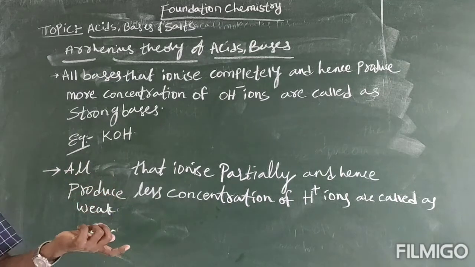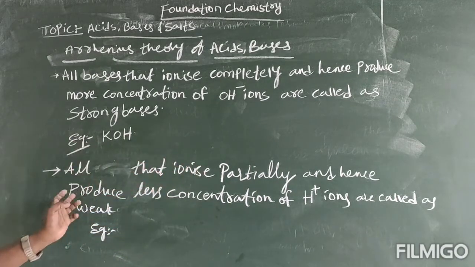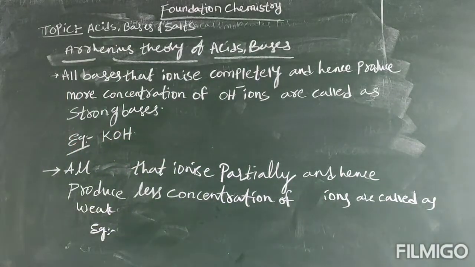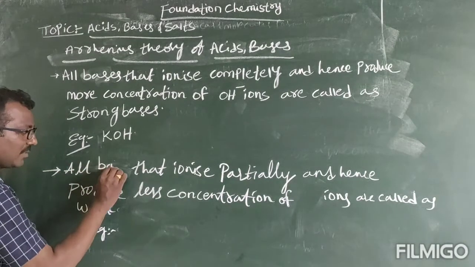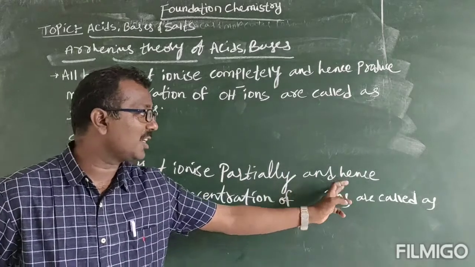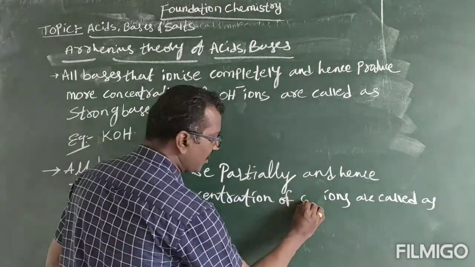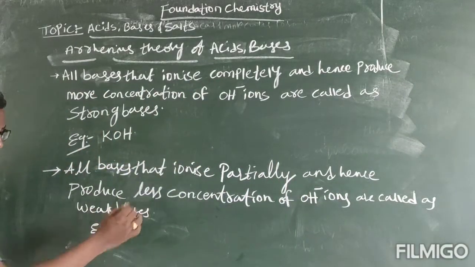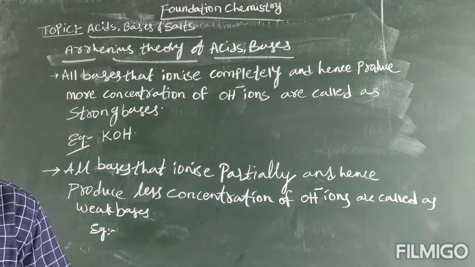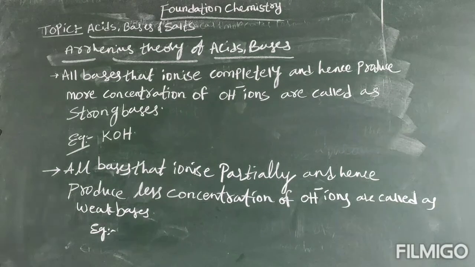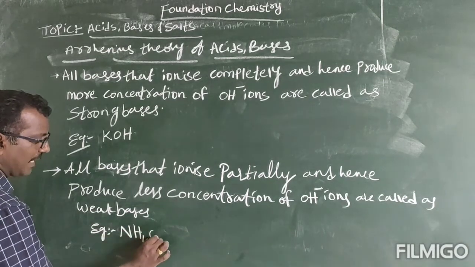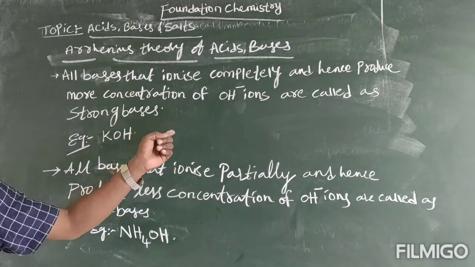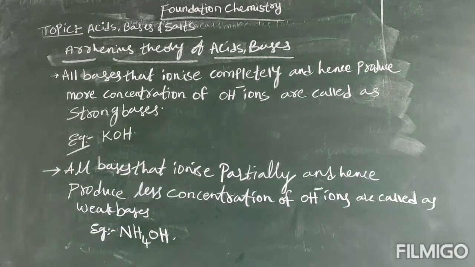All the acids that ionize partially and hence produce less concentration of H plus ions are called as weak acids, and the bases that ionize partially and hence produce less concentration of OH minus ions are called as weak bases. Okay, these are called as the weak bases. And what is the example for the weak base? Ammonium hydroxide, NH4OH. So these are the definitions according to Arrhenius theory of acids and bases.